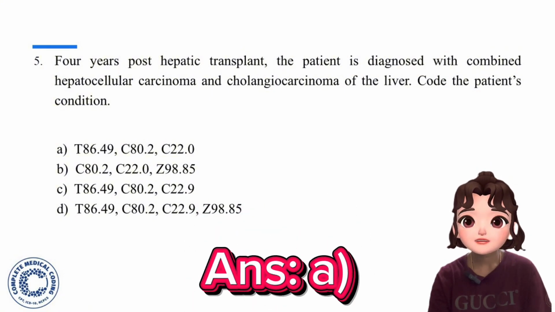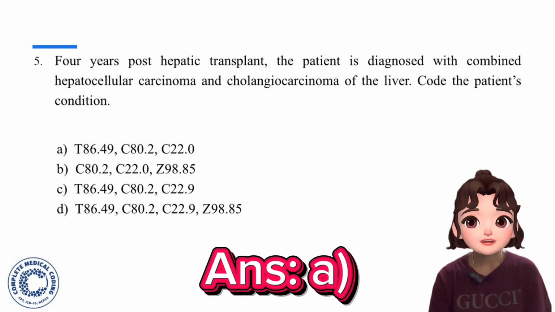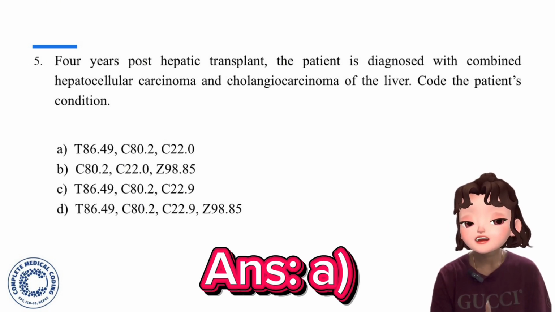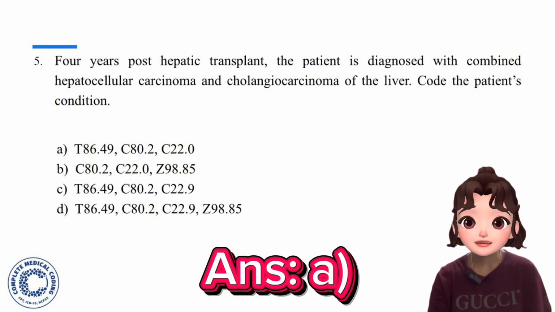The T code represents complications due to liver transplant. And then the C codes represent both cancers: one is liver cell cancer, hepatocellular carcinoma, and the other is cholangiocarcinoma.